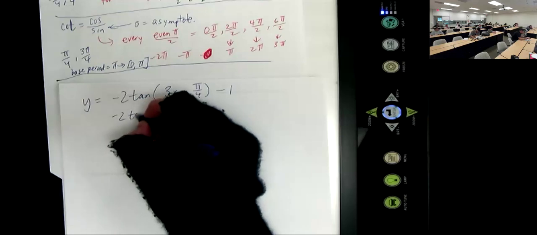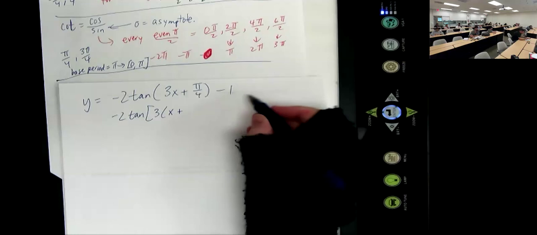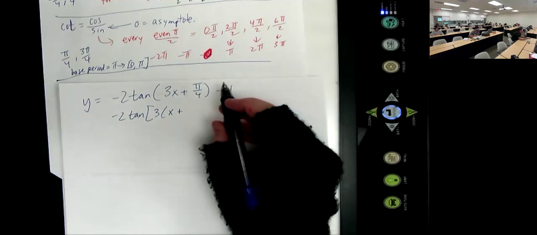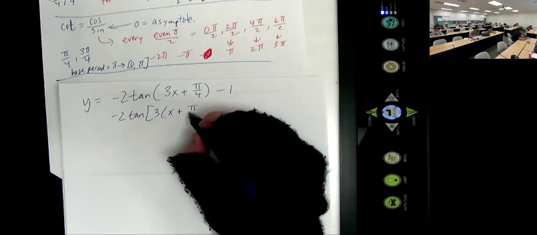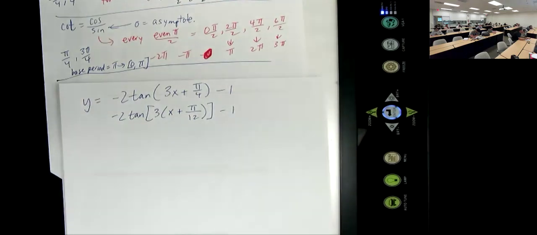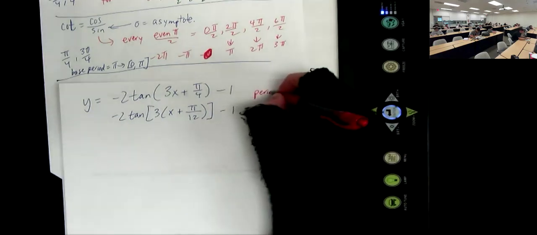First, factor out that b. If I factor out the b, what am I gonna have on bottom? What will my period be?